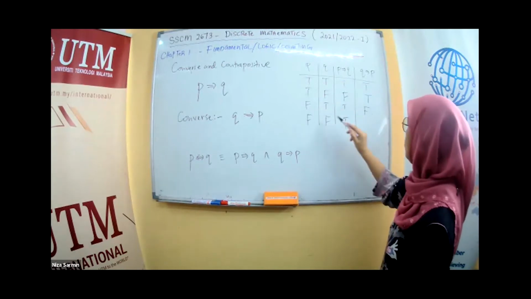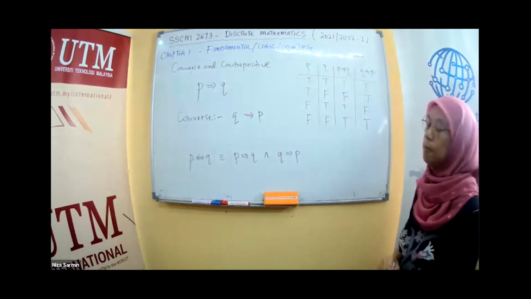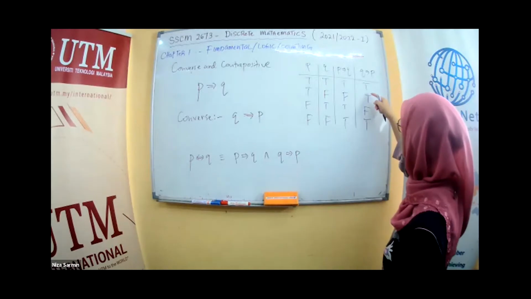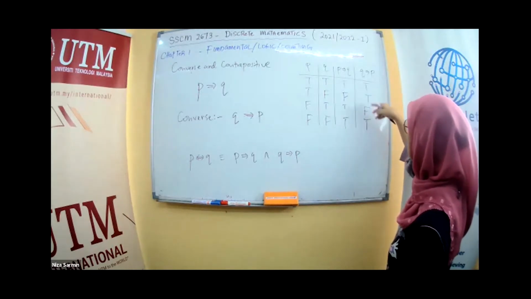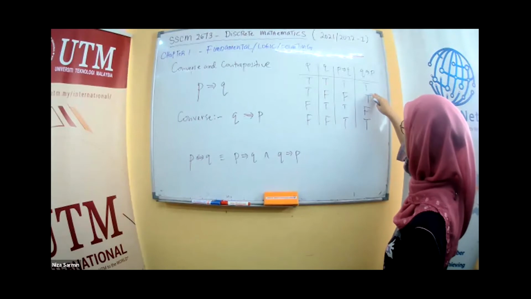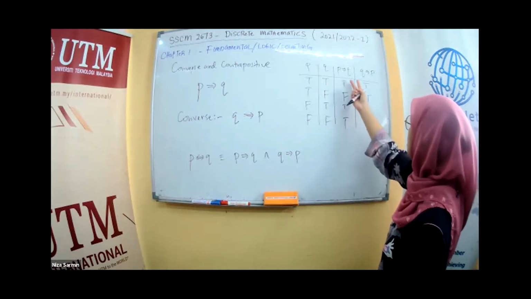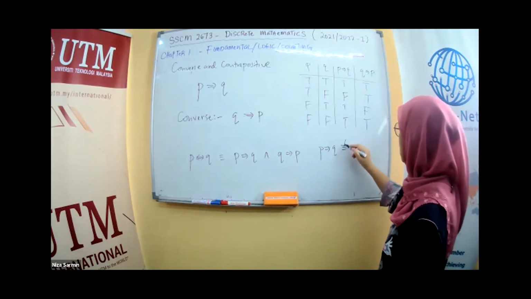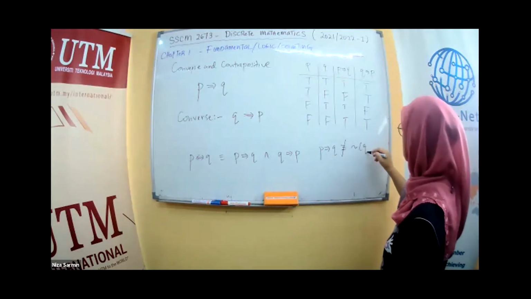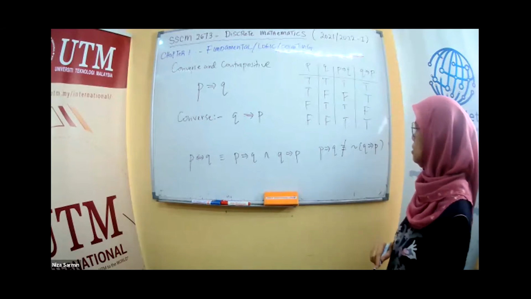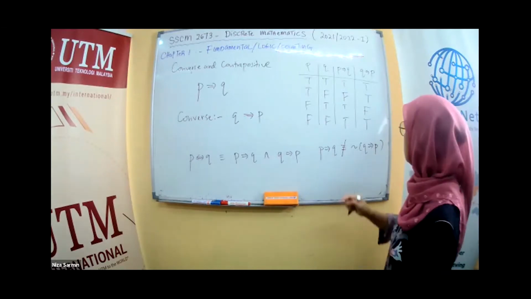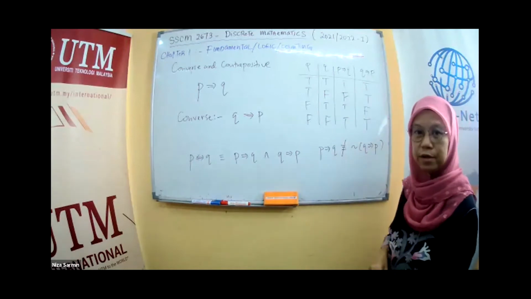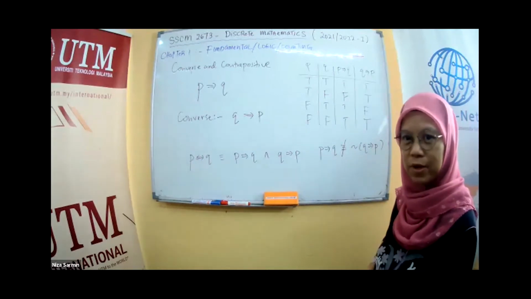False. It's not the opposite, right? It's not just the opposite. So you can say this is not this. Because if this is like this, you will get T and F, right?